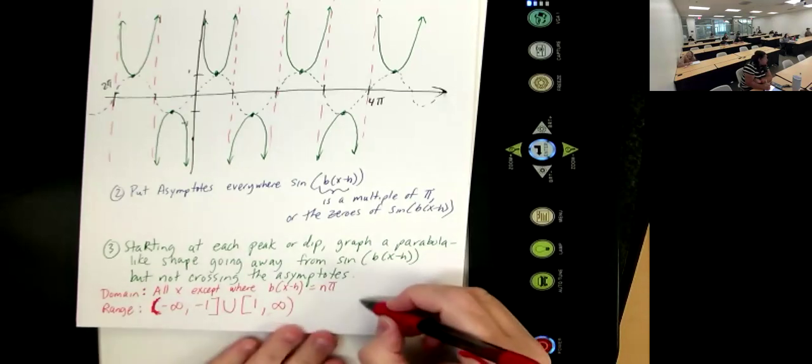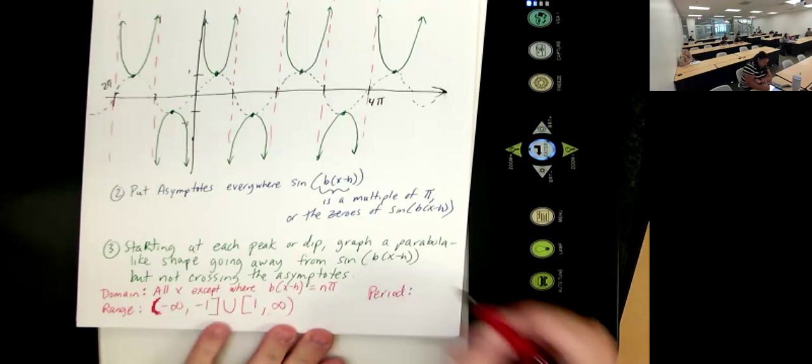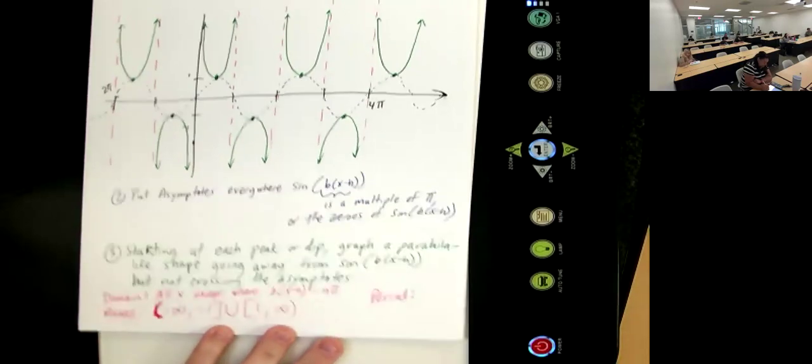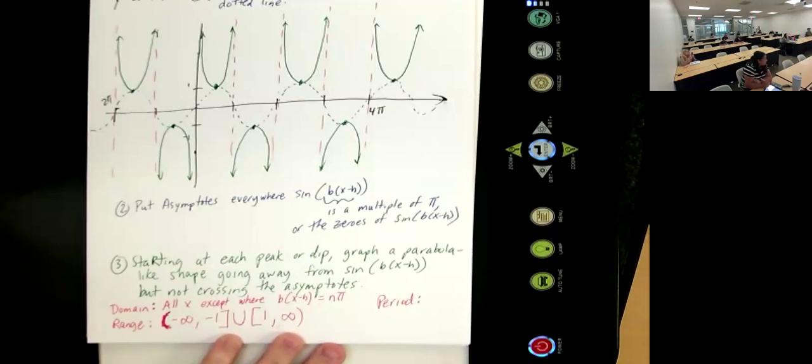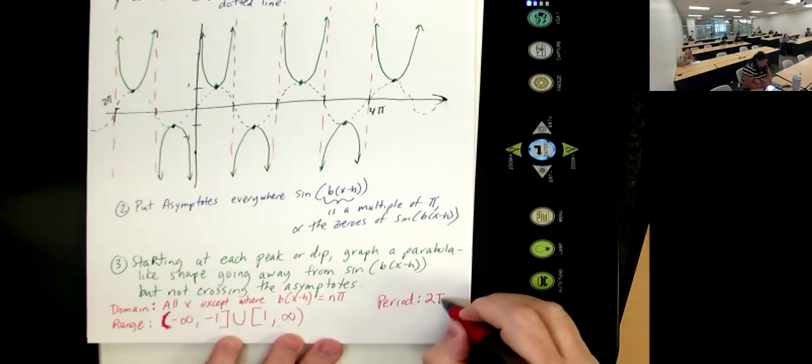What's the period look like? How often does it repeat? Every 2 pi. You kind of want to say pi because there's asymptotes there, but it flips.